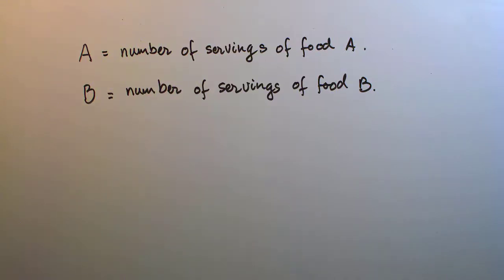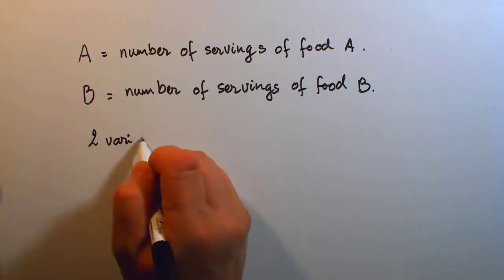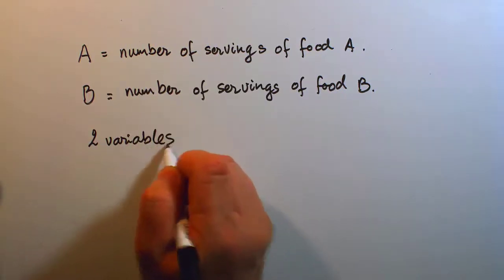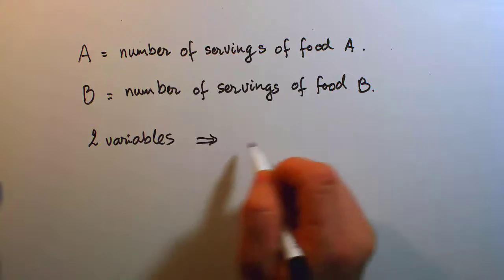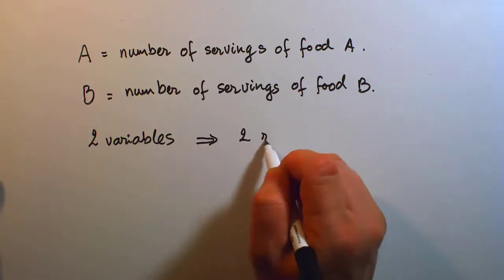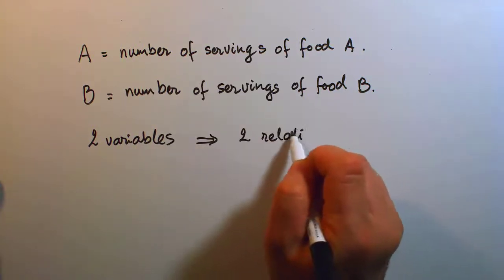So here we have 2 variables, which means ideally we should be looking for 2 relationships among the variables.